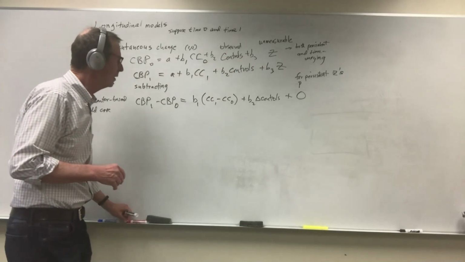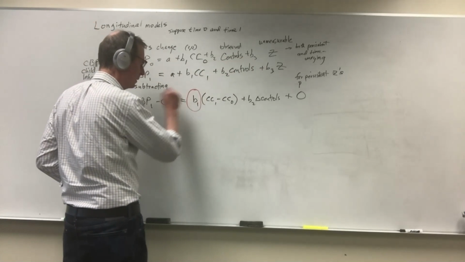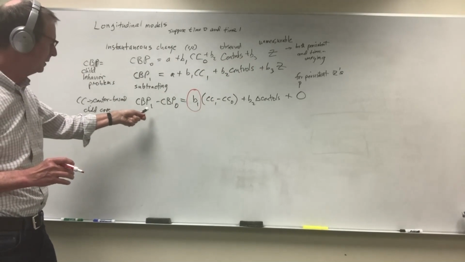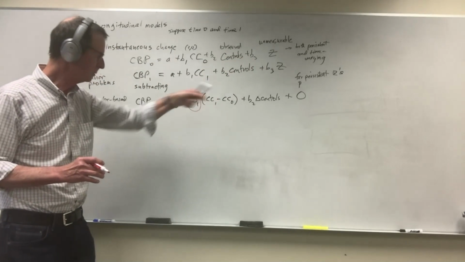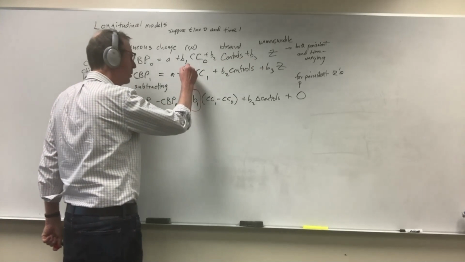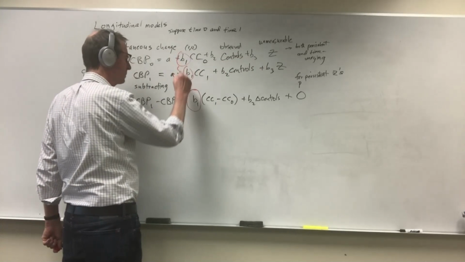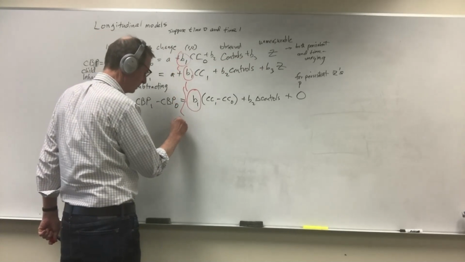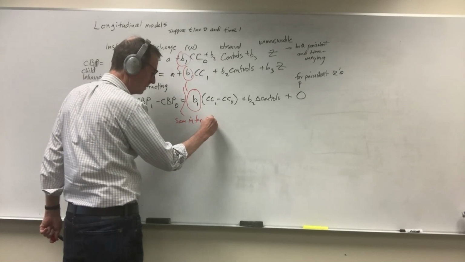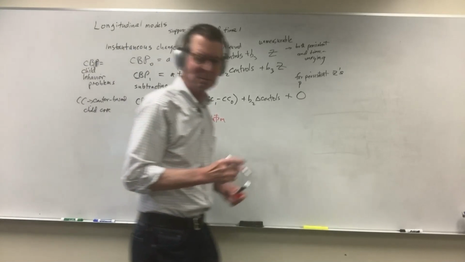And moreover, and this is not a completely intuitive point, we get this longitudinal data, we run this equation, change is a function of change, and we get a coefficient, and that B1 coefficient has exactly the same interpretation as the B1s did in the level equation.